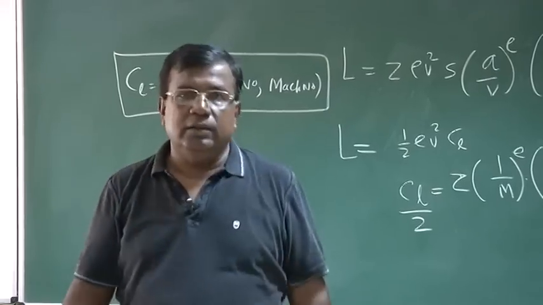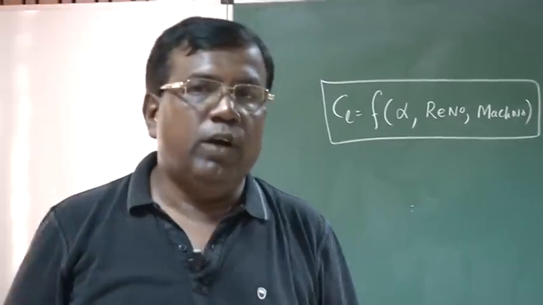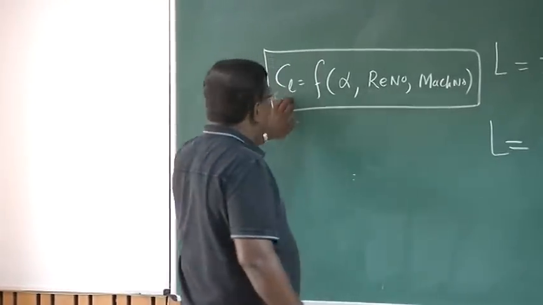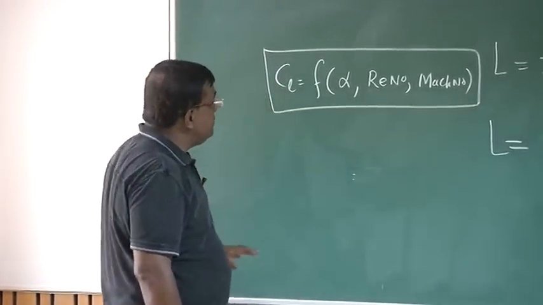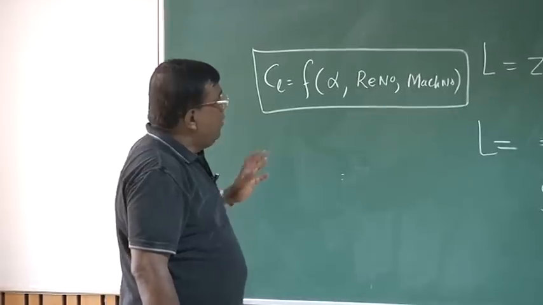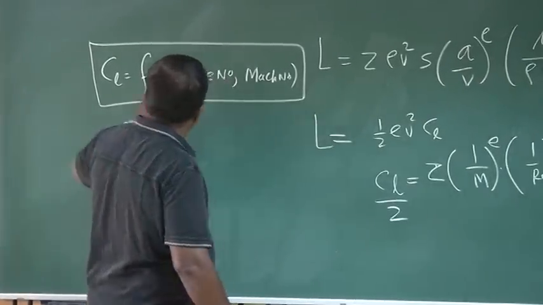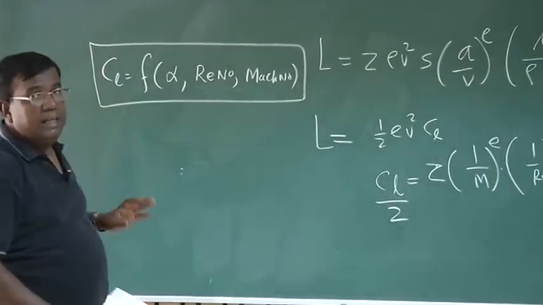How do I utilize this? Question is this. And what is the CL? CL is the lift coefficient here. My question is, do I work with L or do I work with CL? What is the advantage I get?